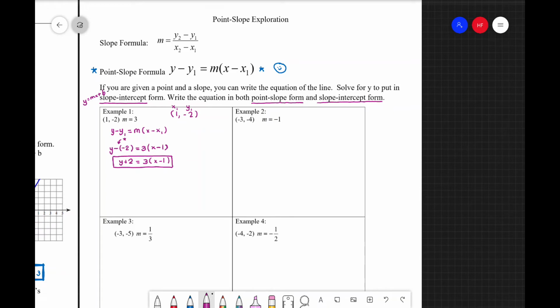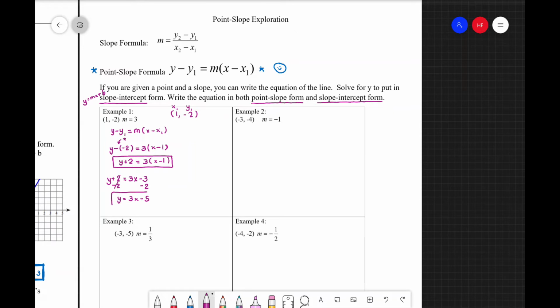But then I have to solve for y to put it in slope intercept. So I'm going to distribute that 3. I'm going to get 3 times x, which is 3x, and 3 times negative 1, which is negative 3. And I'm solving for y, so I need to subtract 2. And y equals 3x minus 5.